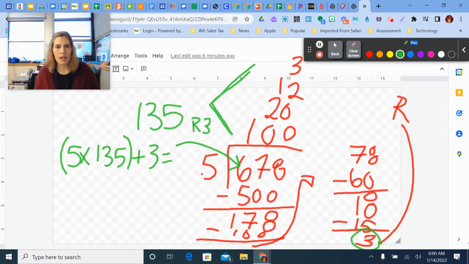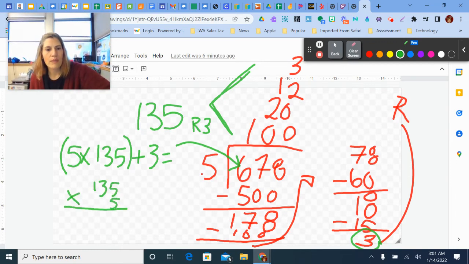Okay, so I'm going to now multiply the numbers I can. I'm going to move this bar. So I have 135 times 5. So 5 times 5 is 25. 5 times 30 is 150. And then 5 times 100 is 500. Okay, so I have 675.